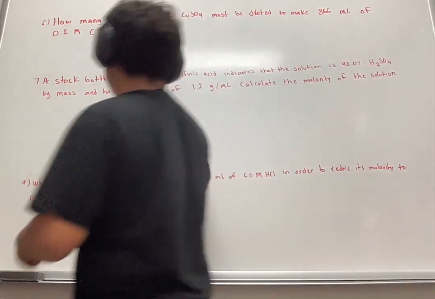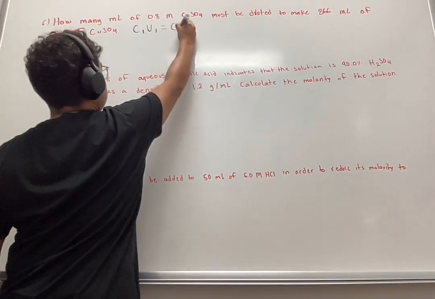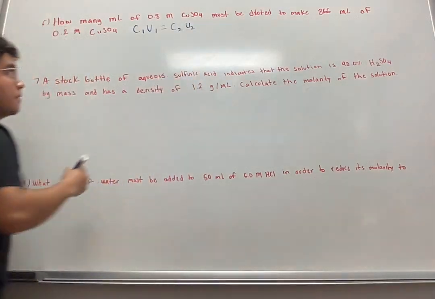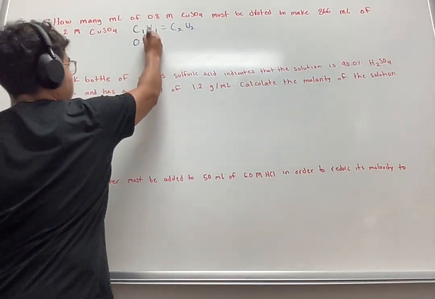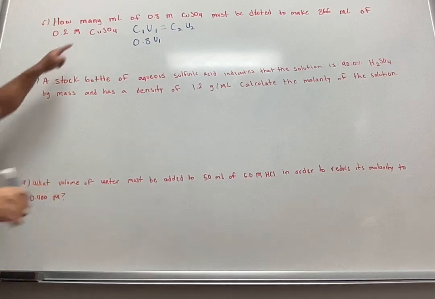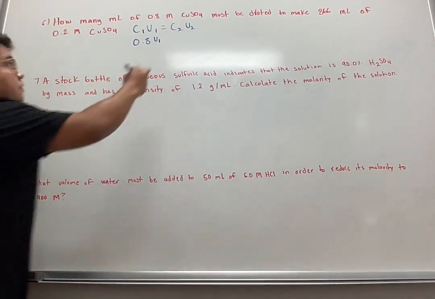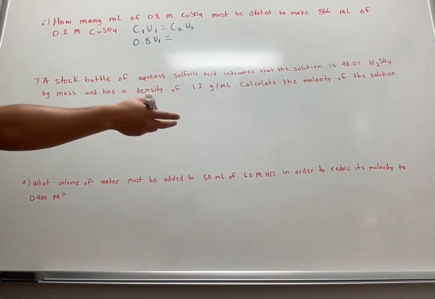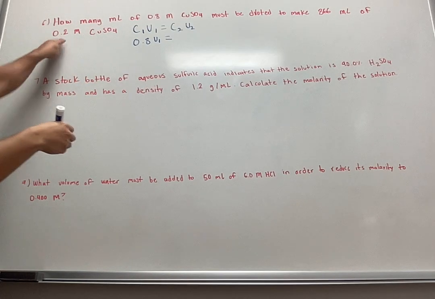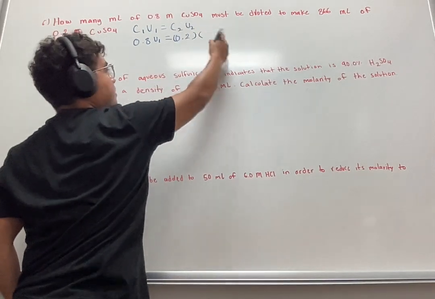So we can use the formula C1V1 equals C2V2, where C1 is the first molarity, 0.8, times V1, which is what we're trying to figure out, how many milliliters, equals C2V2, the second concentration and the second volume.